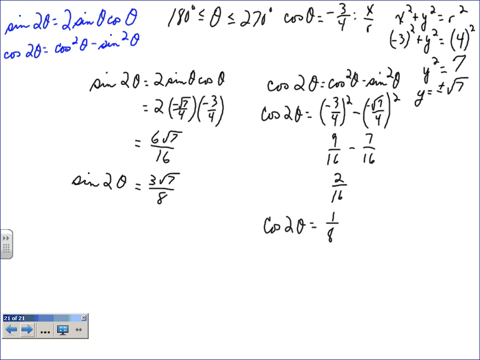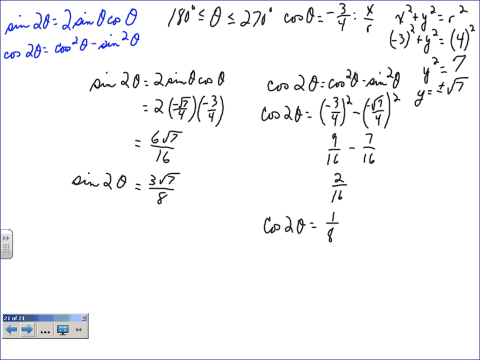So, tell me what quadrant the double angle is in. Because they're both positive, yes. So the double angle is in the first quadrant because the sine of the double angle and the cosine of the double angle are both positive. Think of it this way.